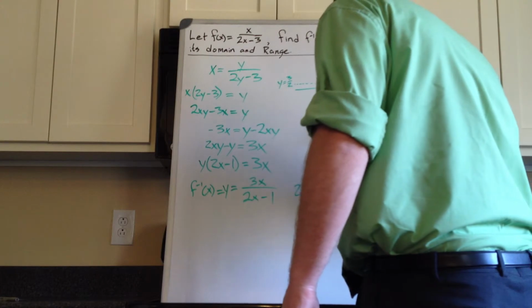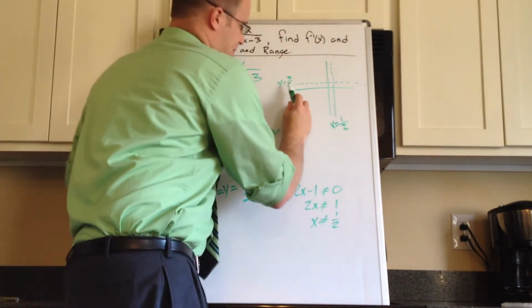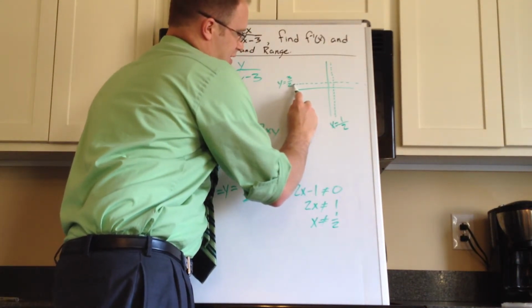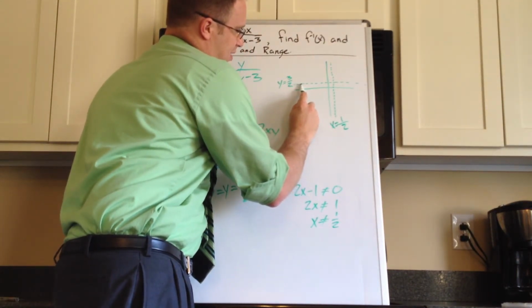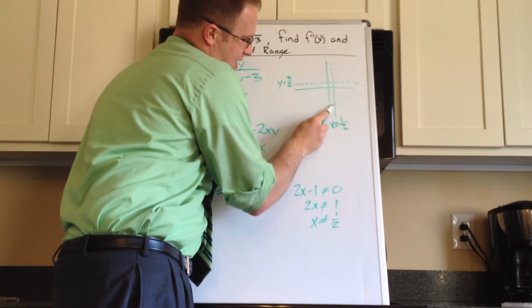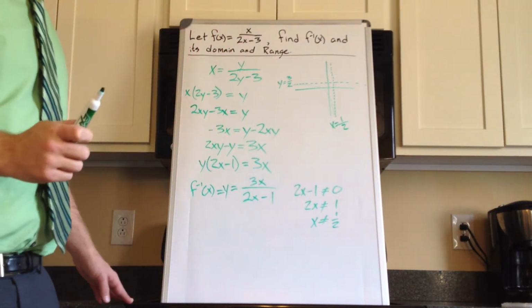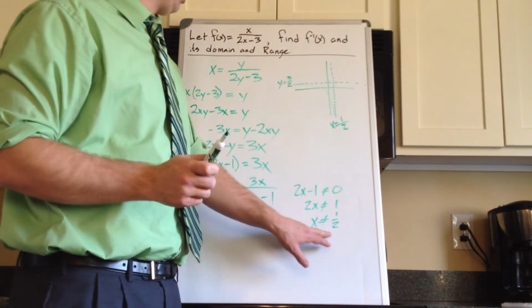If you graphed this, you would see that from the left, our function would start off very close to the asymptote, and then it's going to dive down here and head down towards y equals negative infinity. So it's never going to get to the line x equals 1/2.